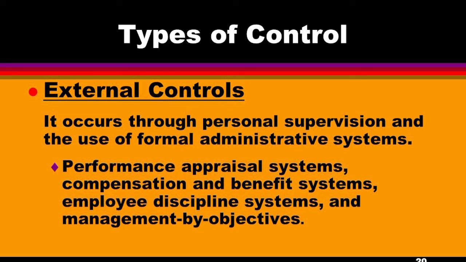Benefit systems: if we achieve in a year more than 1,000 or 2,000 extra units, he will be given a two-wheeler or like that. Okay, and the discipline system means if their performance is not good, then automatically certain actions will be initiated. Then management by objectives.